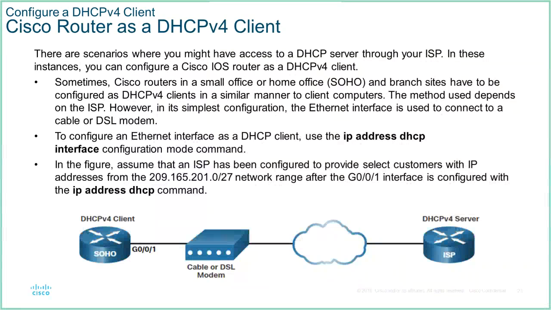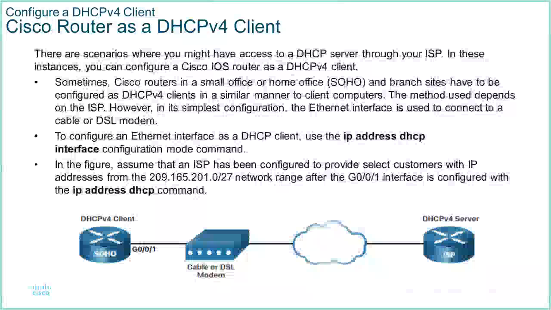Okay, so we can either statically assign that address on that interface, which is nine times out of ten the way it's done. But some of the smaller ISPs will rotate their addresses just like they do in a normal enterprise.